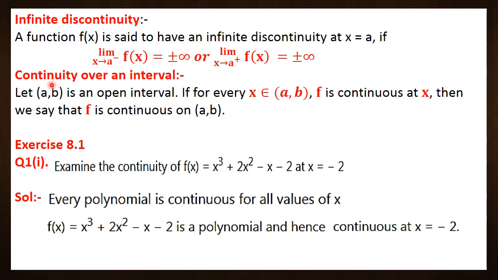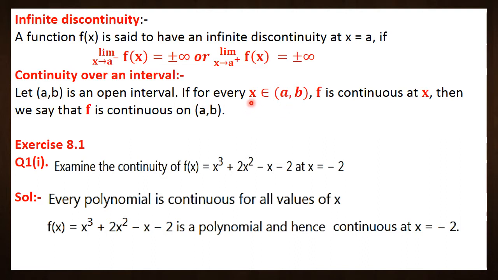Now, continuity over an interval. We have already learned continuity at a point. Now we will learn continuity over an interval. Let the interval (a, b) be an open interval. We represent the open interval with the limits written inside brackets and separated by a comma.